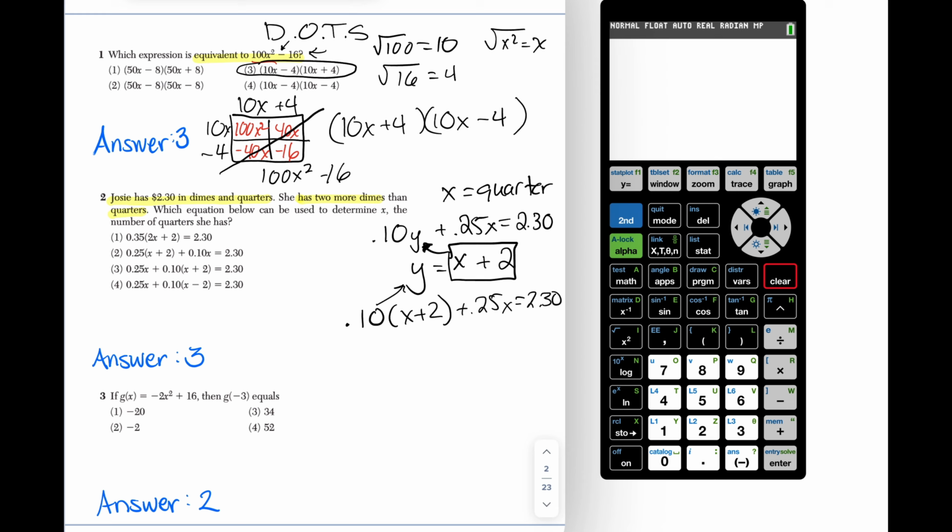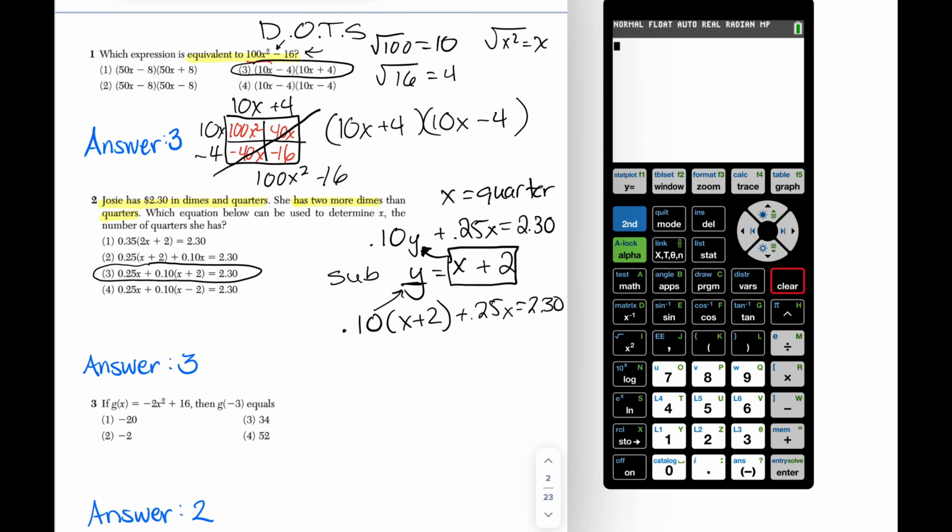Because that's one way I can easily make a new equation, just by using a substitution because of what I know here. And that's where I got 3. You can see they just switched the terms around, but they had 0.25x plus 0.10 times x plus 2 equals $2.30.